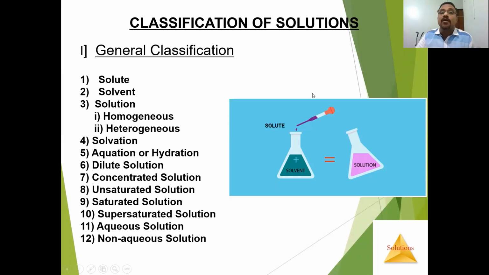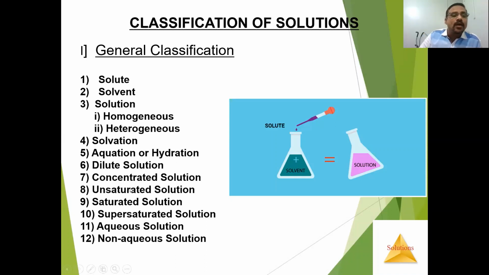Because when you add 37.5 grams of salt to the 100 gram water, that will form your 9th definition, saturated solution. So to make a concentrated solution, add a solute less than its saturated quantity. That will form your concentrated solution.